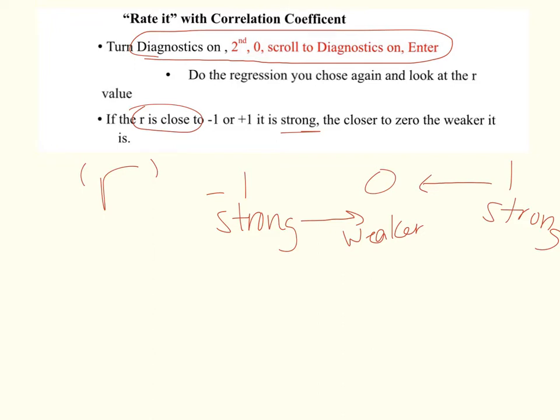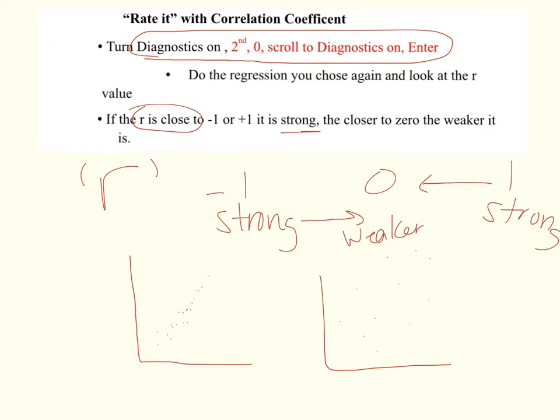0 is absolutely horrible. So you could also tell by looking at your picture. Something that is a -1 or a +1 is going to be a perfect scatter plot. Really tight. As you get closer to 0, you may see some type of pattern, but it's really far apart. So that's the difference. The tighter your points are, the stronger your correlation, both positive and negative.